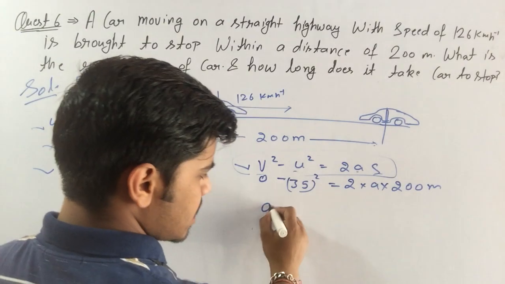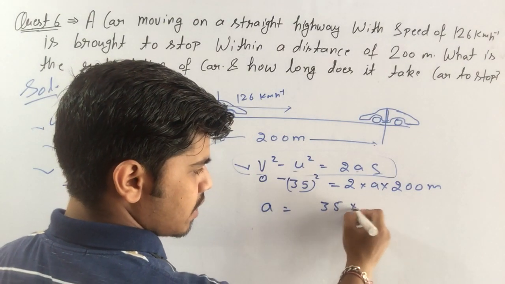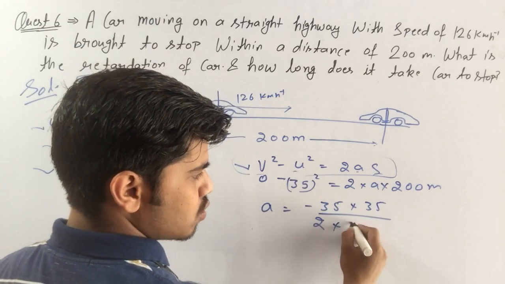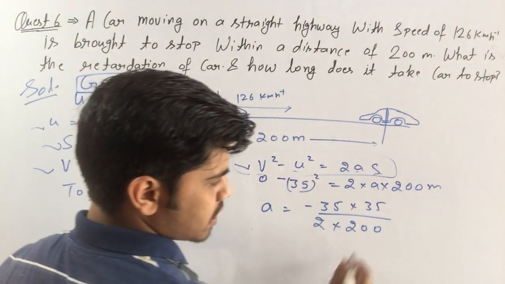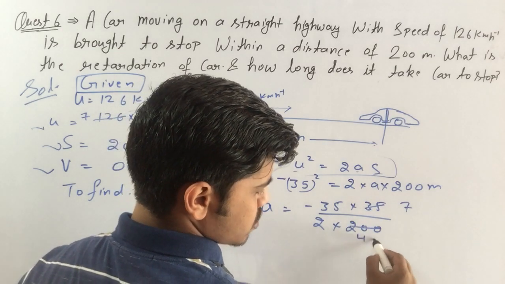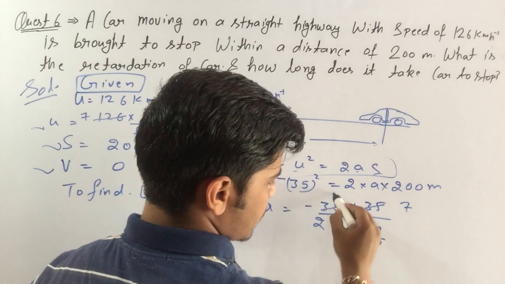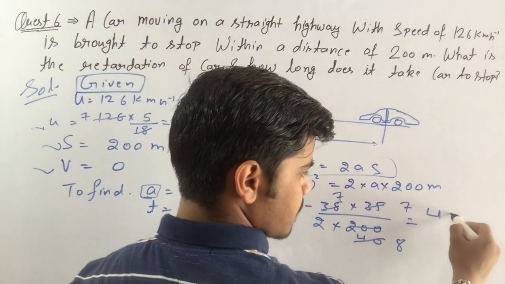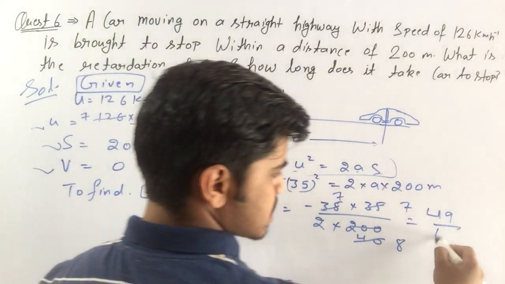So students, acceleration is equal to 35 into 35 with a negative sign divided by 2 into 200. After cancelling it, 5 7s are 35, 5 8s are 40, and 7 7s are 49, 8 2s are 16.